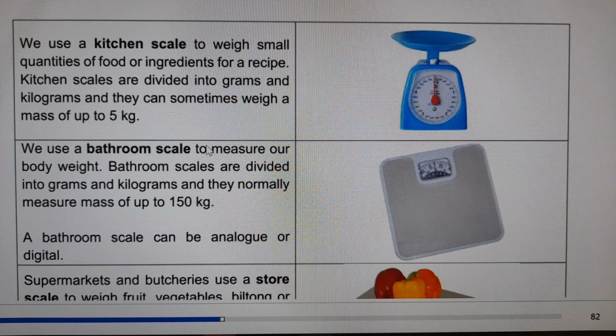We use the bathroom scale to measure our body weight. Bathroom scales are divided into grams and kilograms, and they normally measure mass up to 150 kilograms. A bathroom scale can be analog or digital. This one is an analog one.